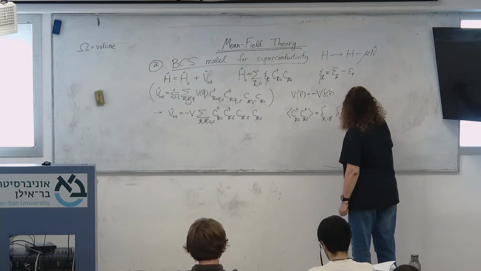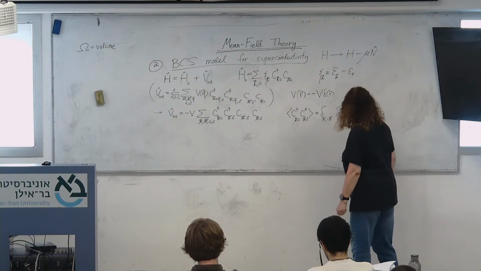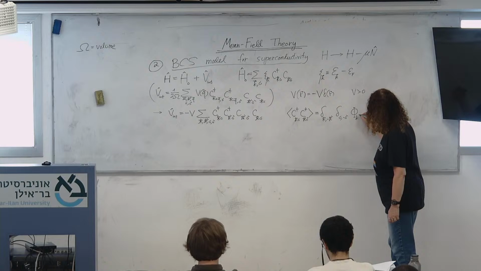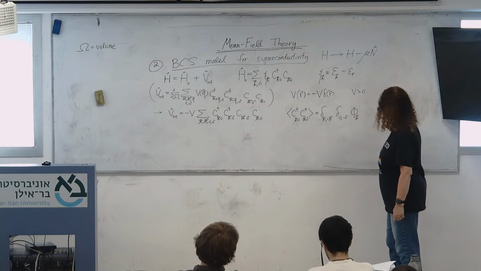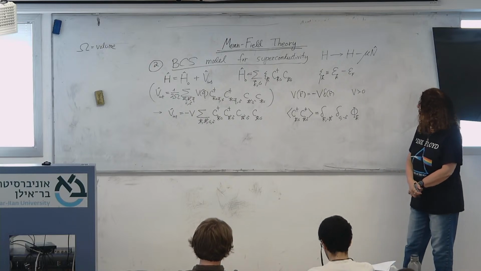And if these are satisfied, let me call this phi of k. Okay? Actually, phi of k is independent of sigma, because there are only two. Now, what does it mean?